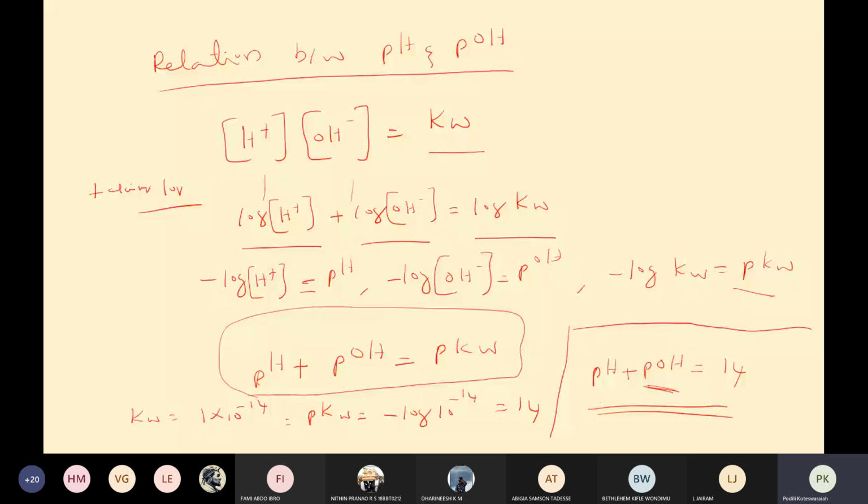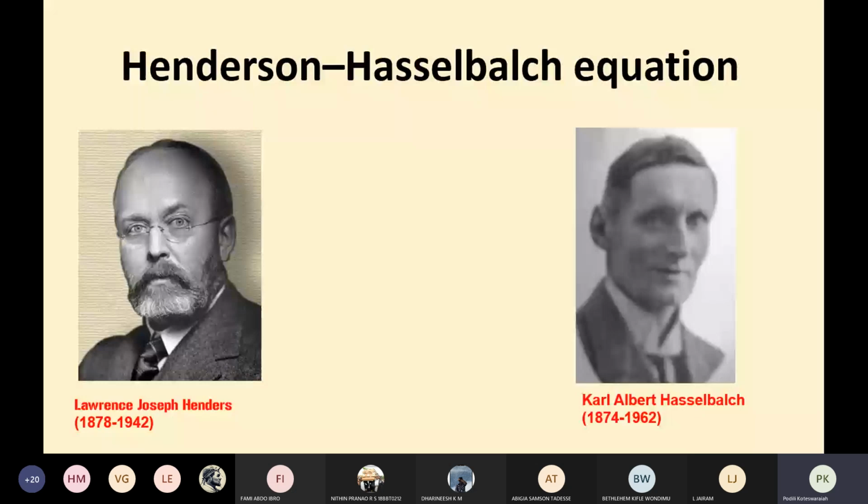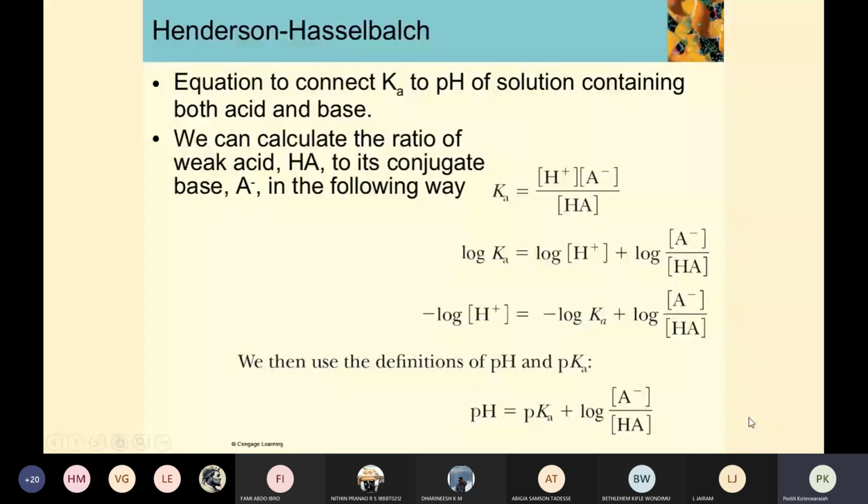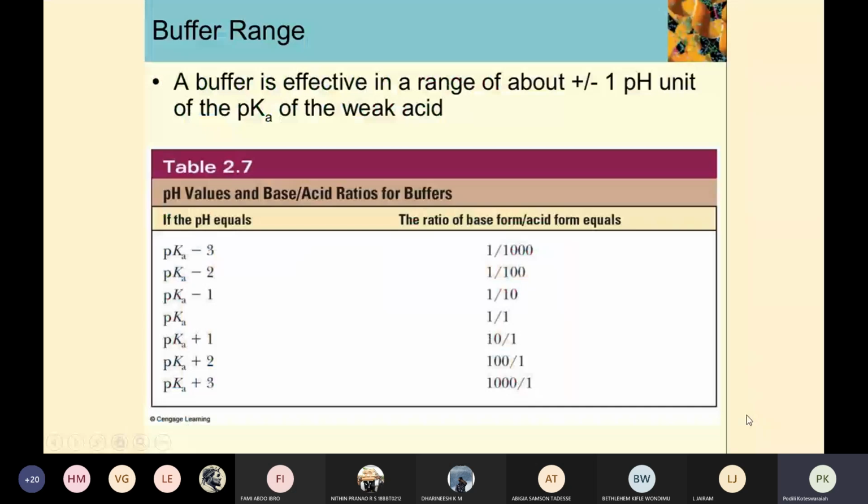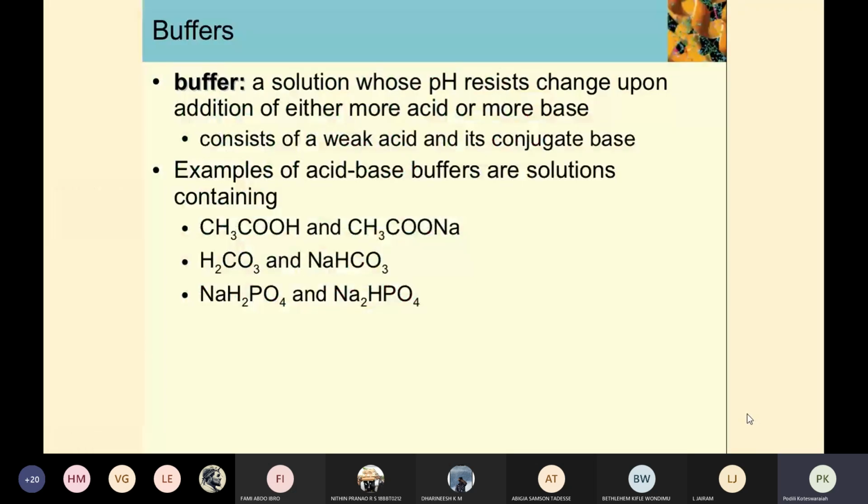Now coming to the Henderson-Hasselbalch equation. Before the Henderson-Hasselbalch equation, we need to give you an overview of buffers. Buffers are solutions which can resist pH change when a small amount of acid or base is added.